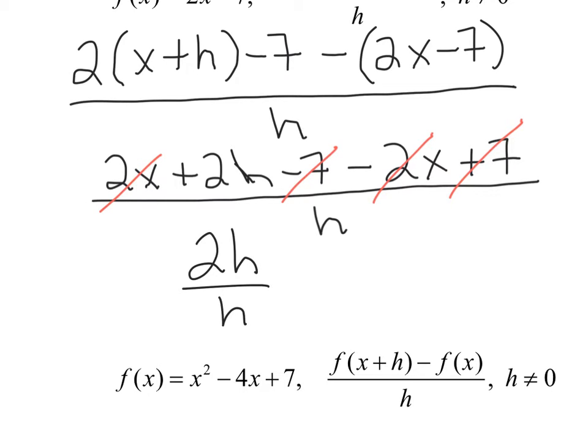And what happens here is the h's cancel out. And we're left with 2. So we evaluated our function using our difference quotient, and the result came out to be the number 2.